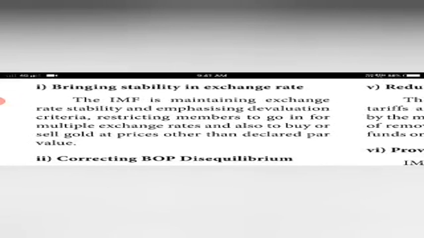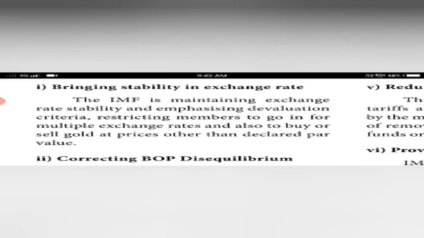The IMF is maintaining exchange rate stability and emphasizing devaluation criteria, restricting members from going in for multiple exchange rates, and also from buying or selling gold at prices other than the declared par value.